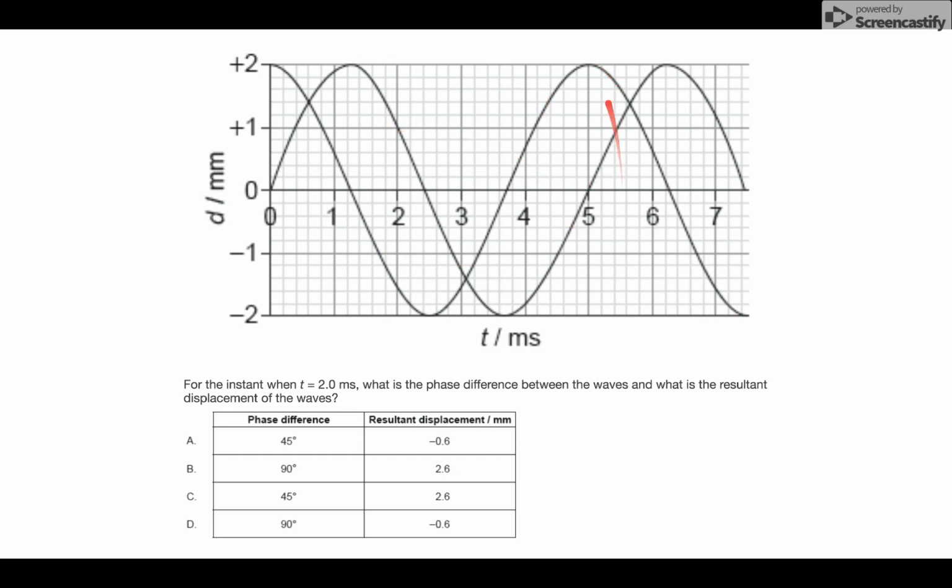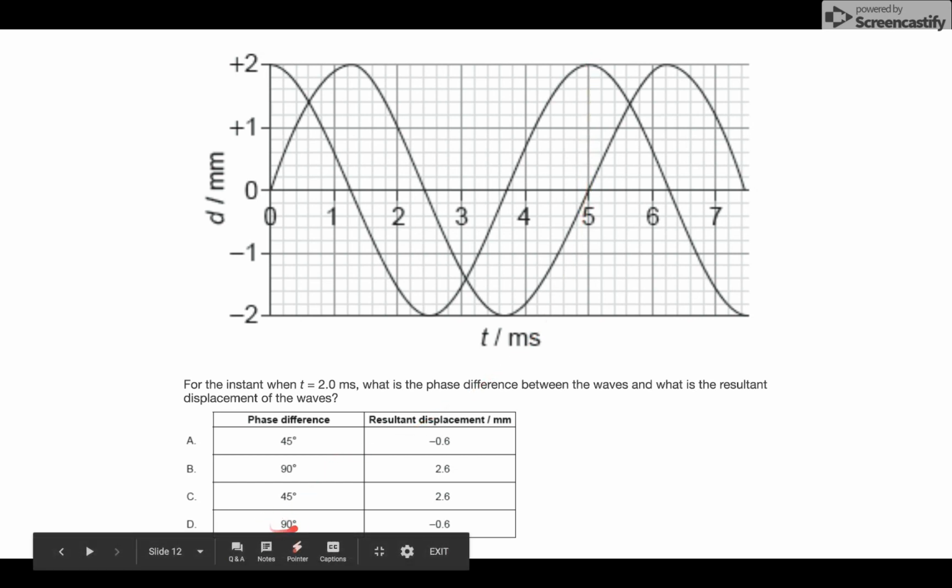Now this region looks interesting to me, because it's easier to see that when this graph is at maximum, this is at 90, and this is somewhere around 270, or 180. Wherever this is, we can see that this is a difference of 90 degrees. And 90 degrees makes it easier for me to pick an option of D or B. So that eliminates A and C.